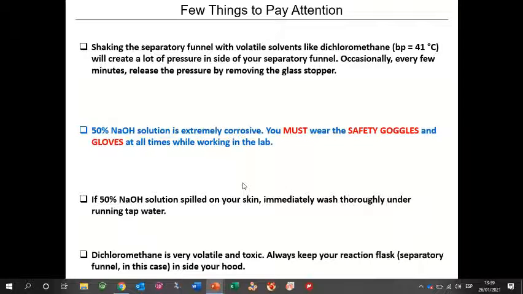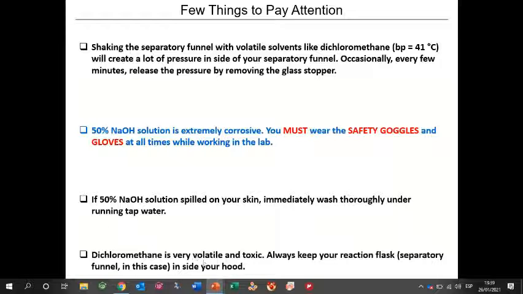In order to protect yourself. Also, if the 50% sodium hydroxide solution spills onto your skin, you need to wash immediately and thoroughly, it's very important, for around 15 minutes under running tap water.